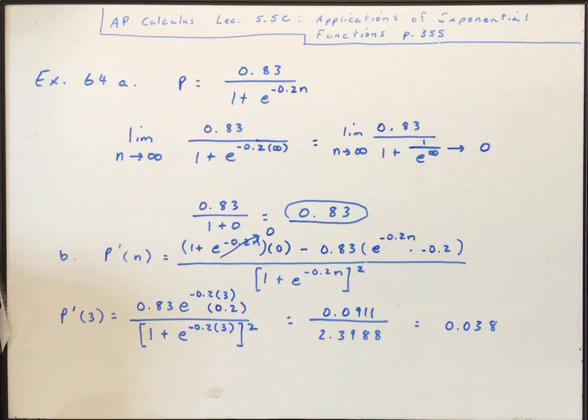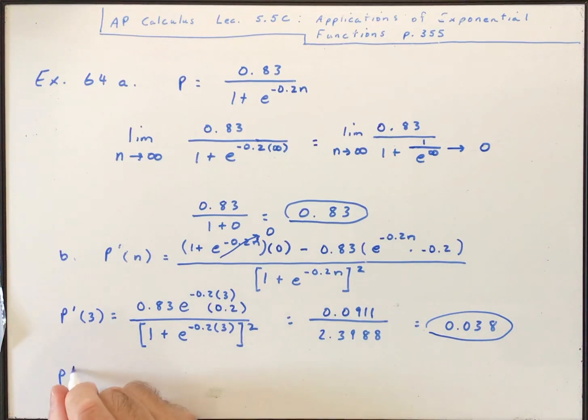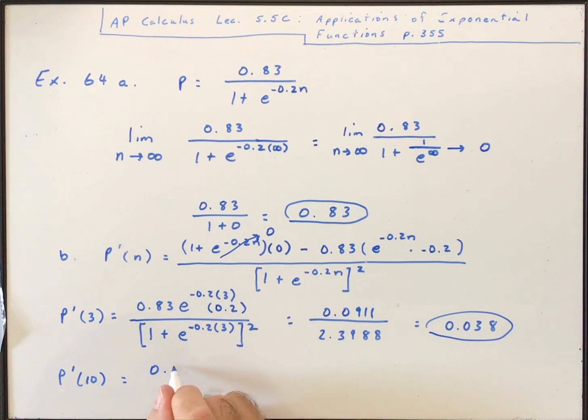So the proportion of correct answers at time n equals 3 is changing at a rate of 0.038. And I don't know what the correct response is per trial, I guess would be the unit there. And then P prime of 10, you would just do the same thing. 0.83 times e to the minus 0.6 times 0.2.